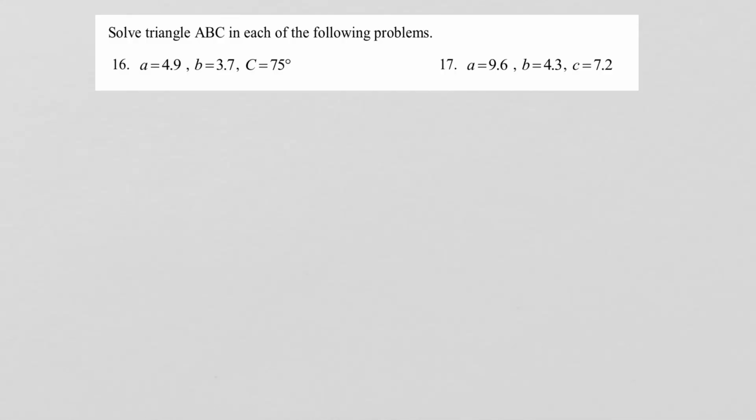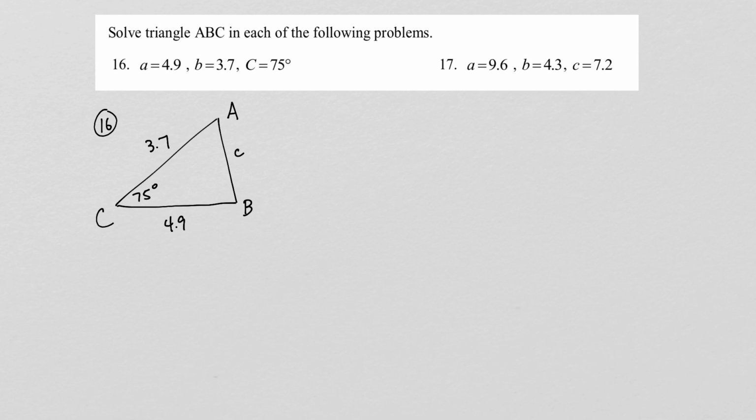In the next problem, we are once again solving a triangle. In this case, we know two sides and one angle. So here is what this triangle might look like. In this case, we know side, angle, side. So we are going to use the law of cosines to find the missing side first.